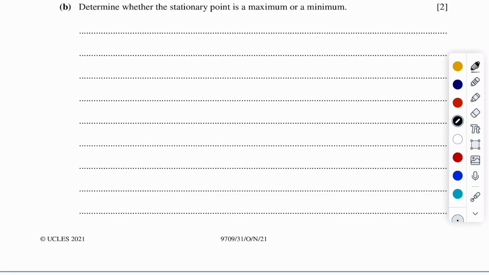Alright, now guys, for number B, it's just a case of determining whether the stationary point is a maximum or a minimum. So, we're going to say this. Right? We're going to find d squared y over dx squared, aka the second derivative. So d squared y over dx squared is going to equal d over dx of e to the power 1 minus 2x times 1 minus 2x.